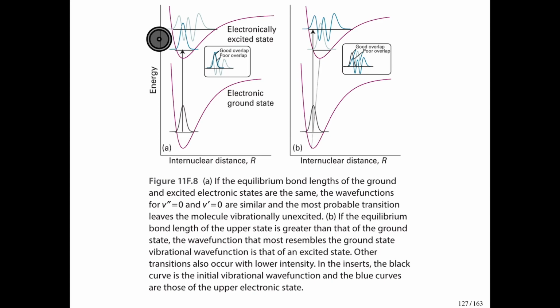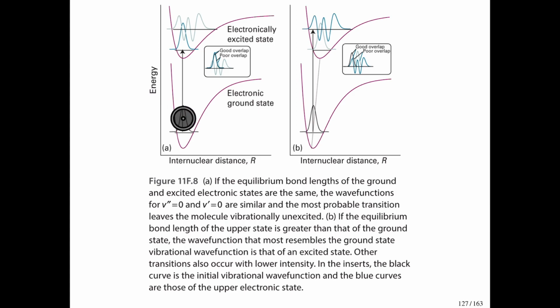Or no, this would be like the third one, I think. I'm trying to count the nodes and determine what the state is. But in any case, what happens is you can imagine when the molecule undergoes a vertical transition, a change in the electronic state, the vibrational wave function is maintained. So you simply pick up this vibrational wave function and plop it onto the excited electronic state.